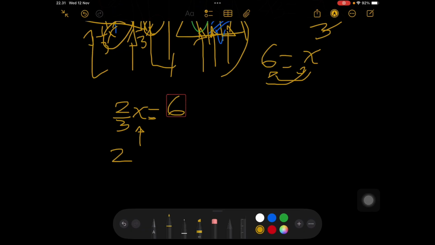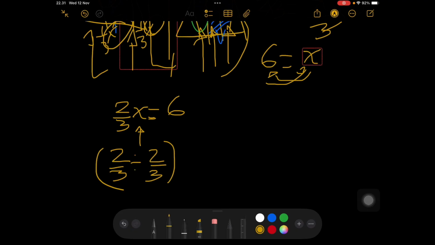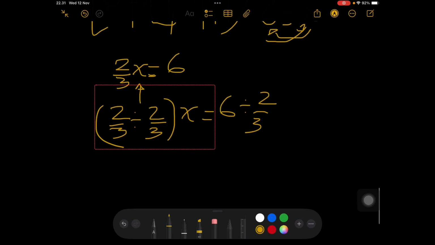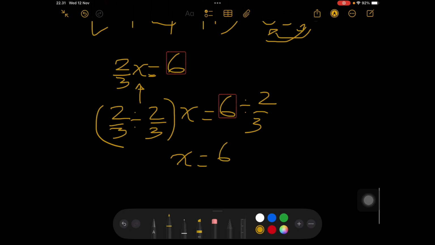So we may do 2/3 x divided by 2/3, and then 6 divided by 2 over 3. So here we get x equals 6 times, because 2 over 3 divided by 2 over 3 is 1, and then 1 times x is x itself.